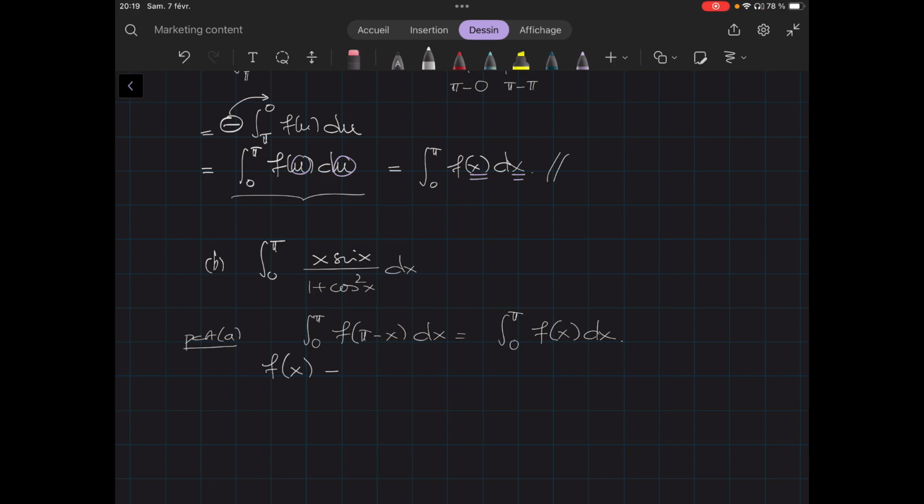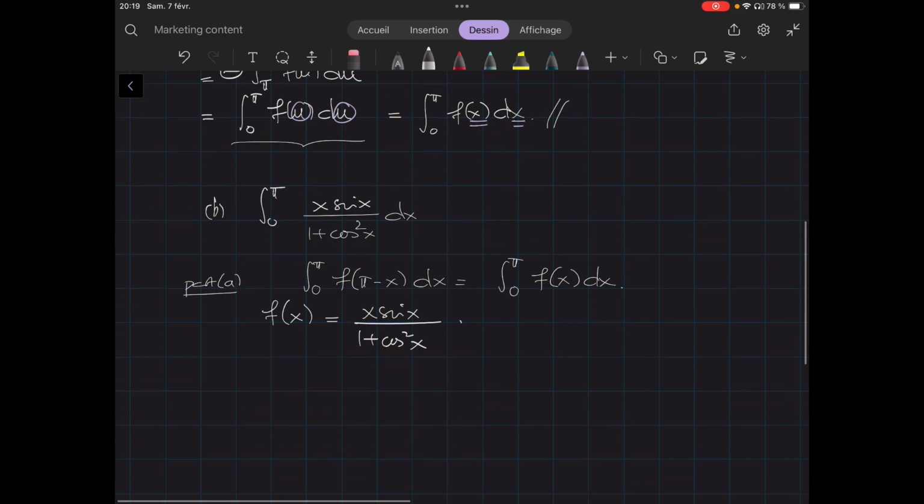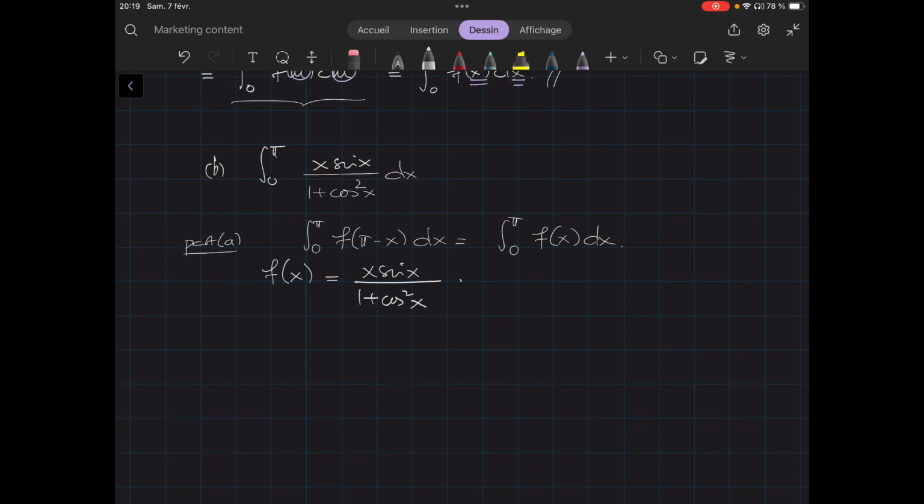Let f(x) equal x sine of x divided by 1 plus cosine squared of x. f(pi minus x) is therefore (pi minus x) times sine of (pi minus x) divided by 1 plus cosine squared of (pi minus x).